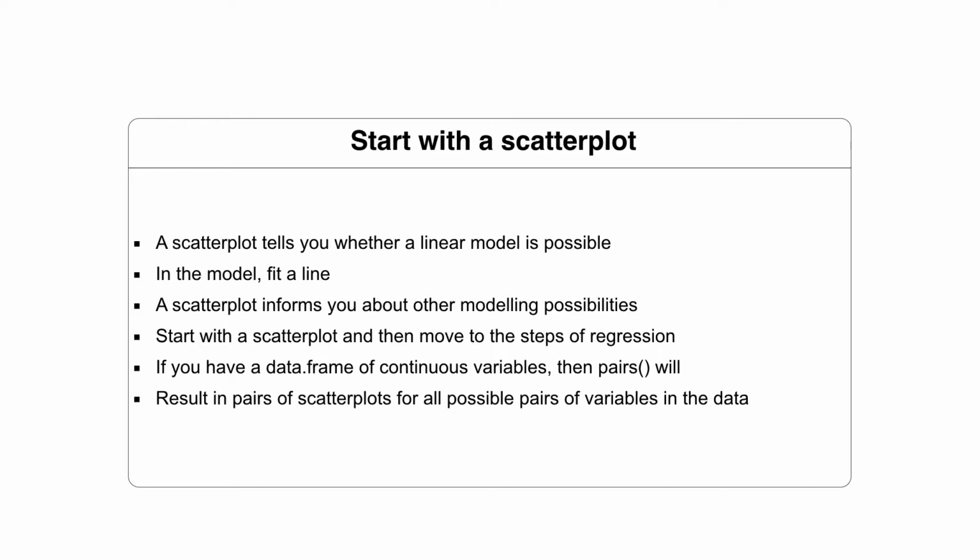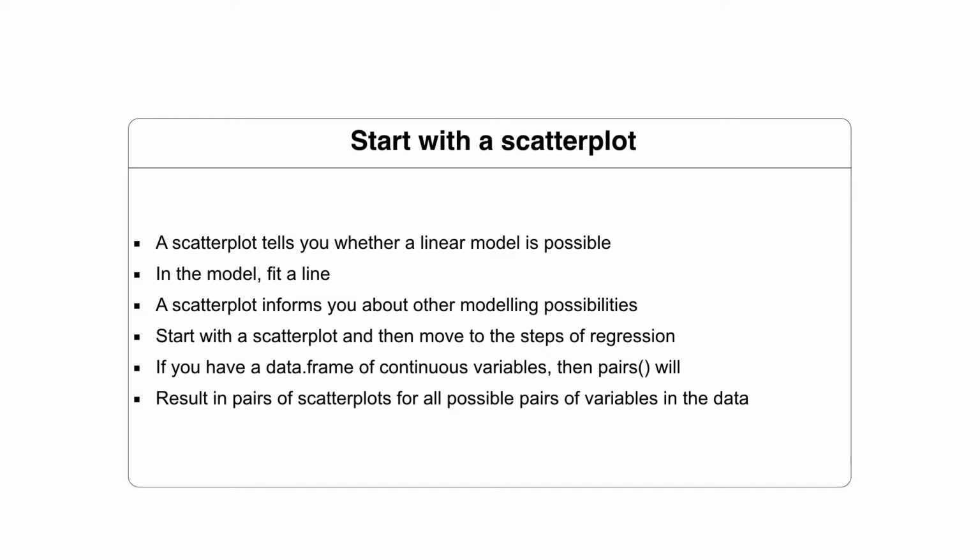Nevertheless, it is always a good practice to start with a scatter plot and then progress into other steps of regression. In general, although it is not going to be covered in this particular module, perhaps in a different module, a very good idea, if you've got a data frame with a number of different variables, is to put together a comprehensive plot of the many different continuous variables.